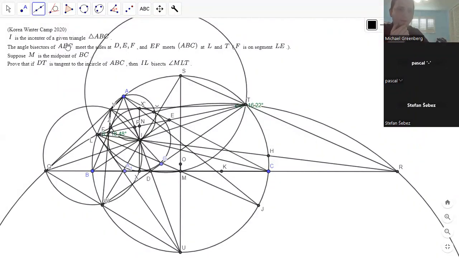Okay, so L and T are on the common tangents of the circumcircle and the A-excircle. Yes. Interesting.